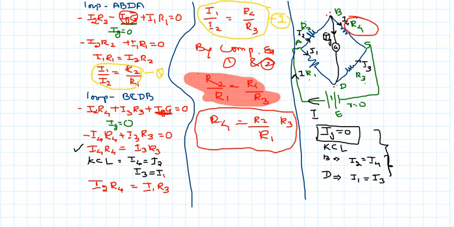This equation is also written in different forms and with different alphabets, but the idea is everything is the same. In some books they give it as P by Q is equal to R by S. That's also right. There is no difference in that.